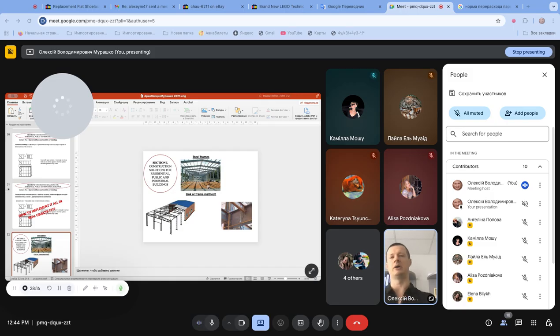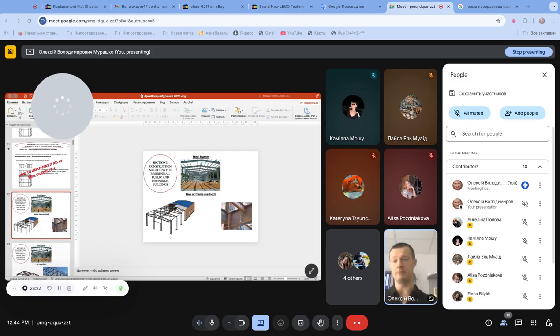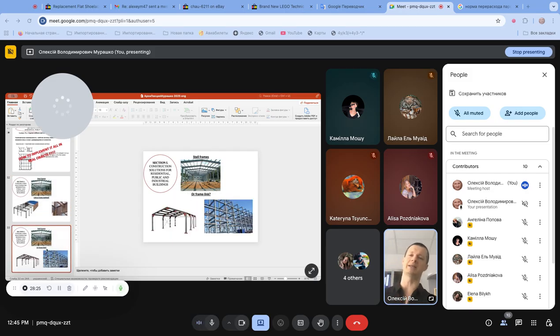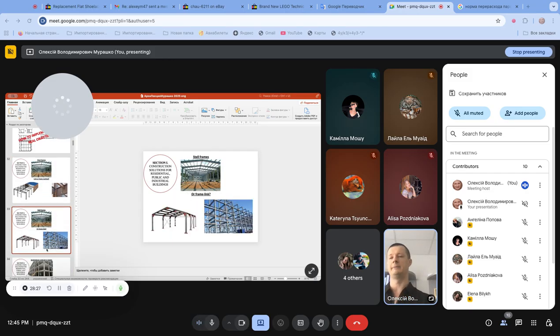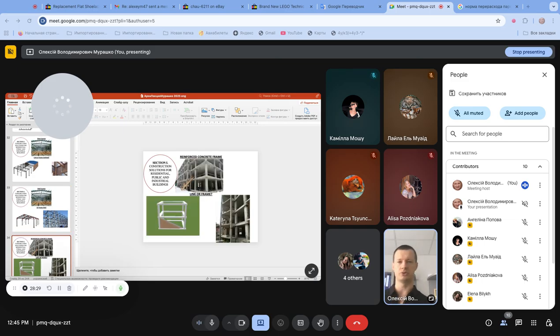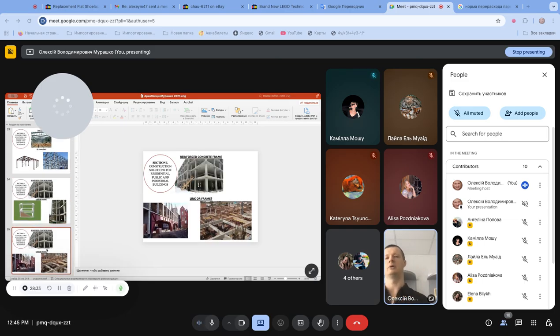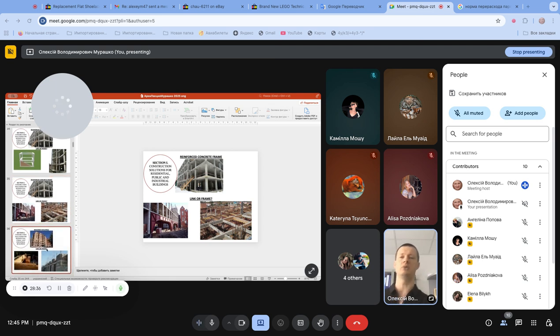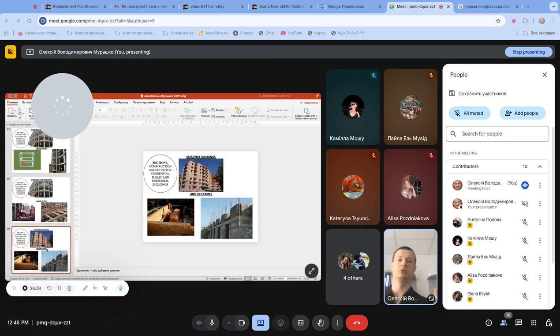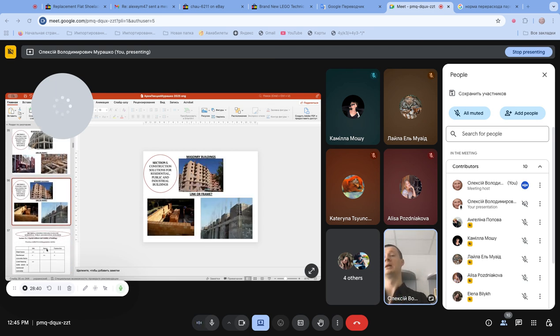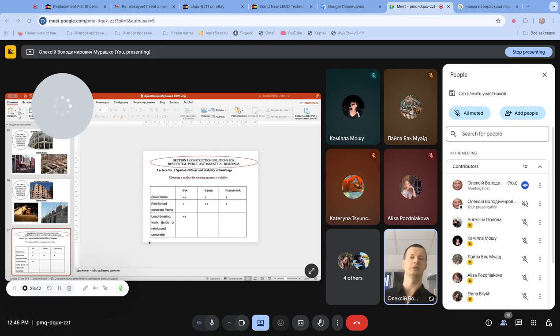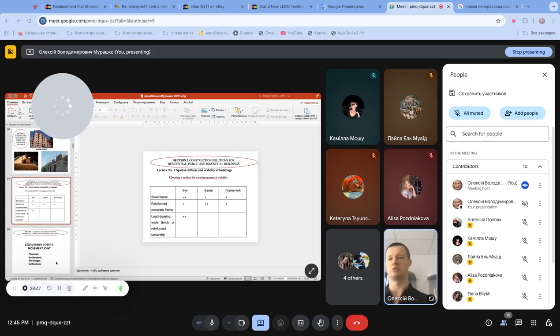In steel frames, we can use all three methods: link, frame, or combined frame-link method. In reinforced concrete, all three can also be used. In masonry buildings, we have only one method, the link method. There is no possibility to make a rigid connection between a masonry wall and a reinforced concrete slab.